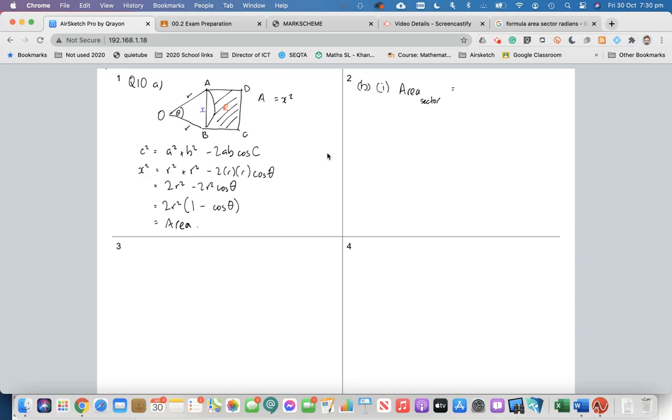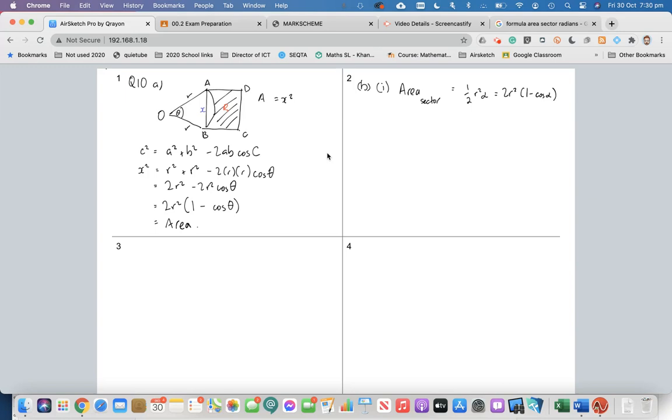But I'm told that theta is equal to alpha, so I'm going to go straight to a half r squared alpha. Okay, and I'm told in the question that this area is the same as the area of the square. So I can straight away set that equal to 2r squared (1 minus cos, not theta, but 1 minus cos alpha). So all I've really done is I've substituted alpha for theta.